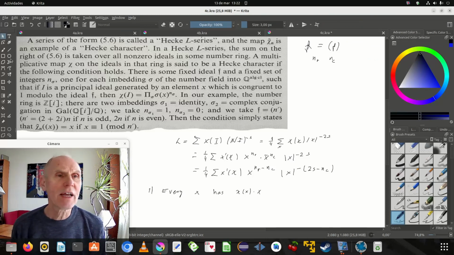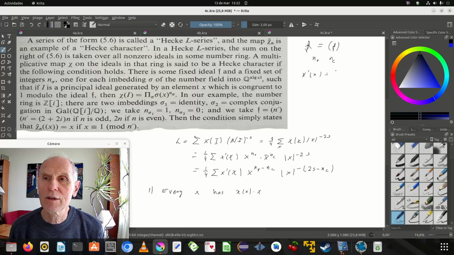And that gave me finally an idea to define a character chi of x by chi of the ideal generated by x, divided by x to nr, x bar to nc.